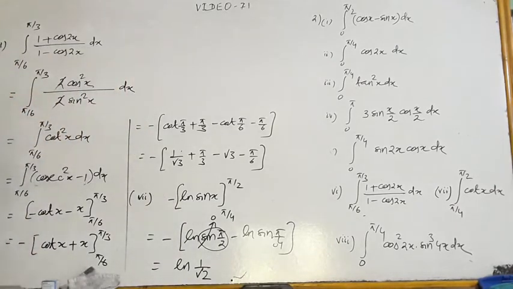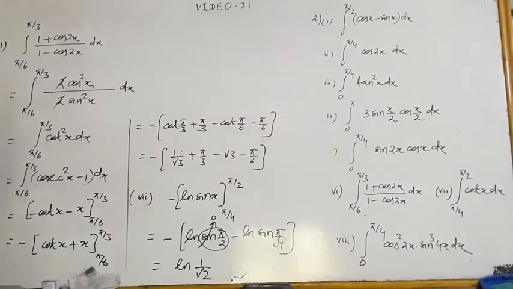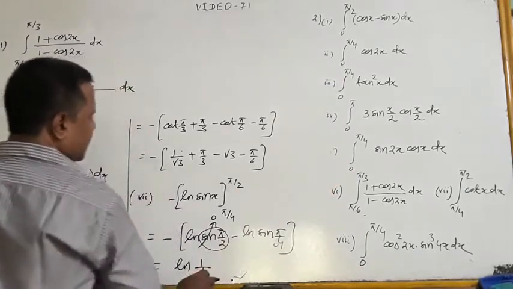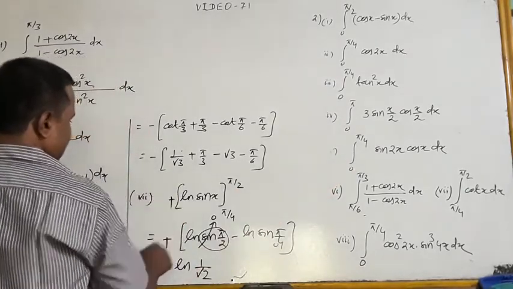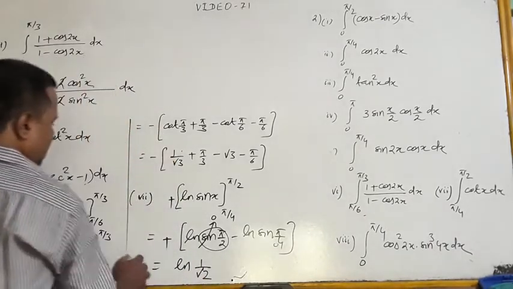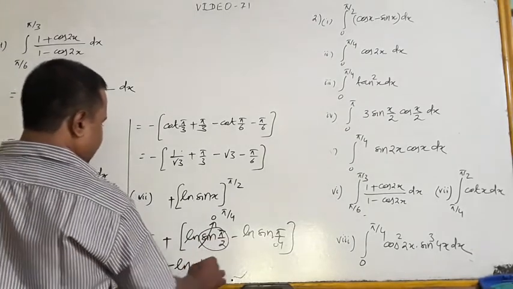And at last I will do the last one. Sorry, I have told you wrong. That is, cot x integration is ln sin x. Okay. Now the result is minus ln 1 by root 2.